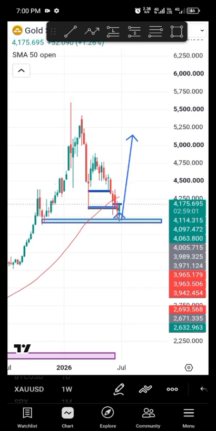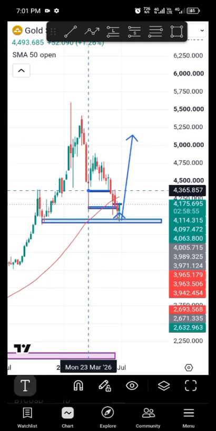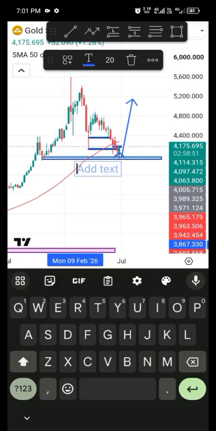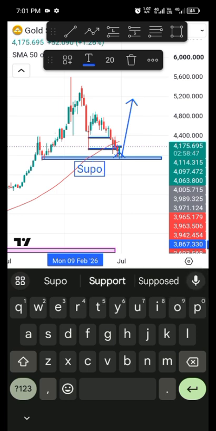This is a strong support. This particular place here, you see places where I draw these zones. This is a support. This line I drew here is a support, as you can see here.